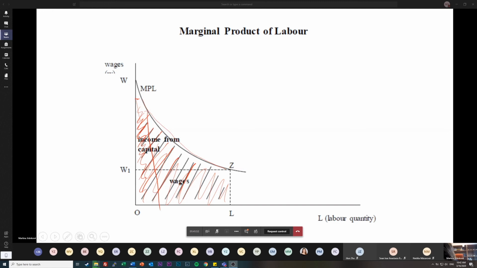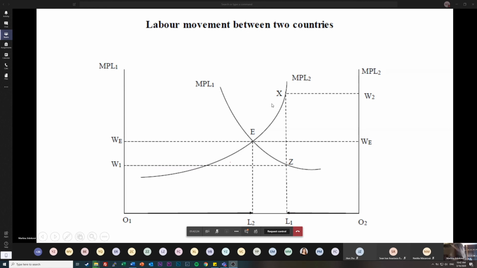That means it's also a decreasing marginal product of labor, but it's put on from the right, if you understand the picture. Please draw a chart. And if you are finished, you can take a break until 11. So draw a chart and we will start the seminar at 11.